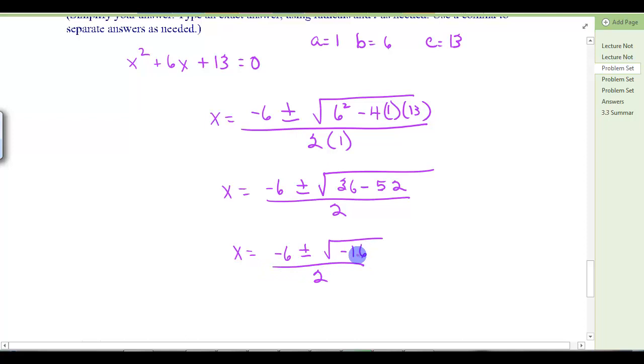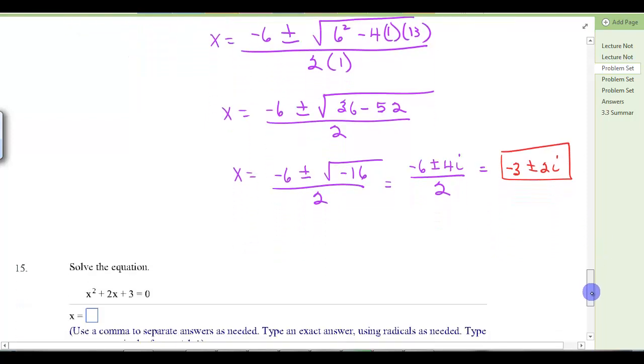Well, that's a perfect square, so that is equal to -6 plus or minus 4i over 2. All three of these numbers can be divided by 2, so we are left with -3 plus or minus 2i. And you would need to separate it when you put it in MyMathLab.